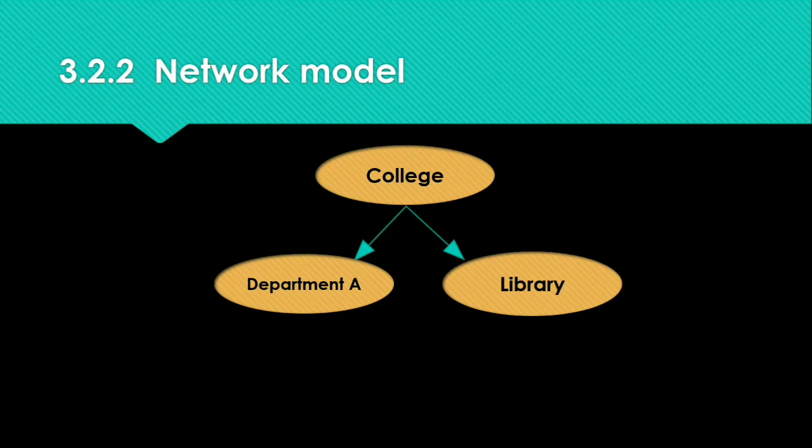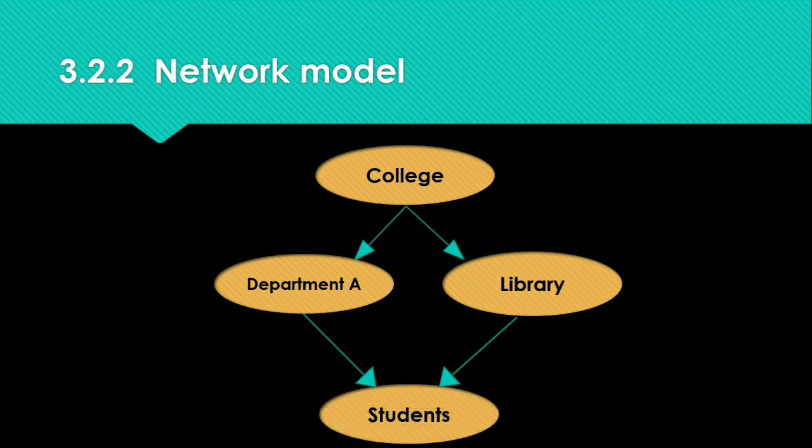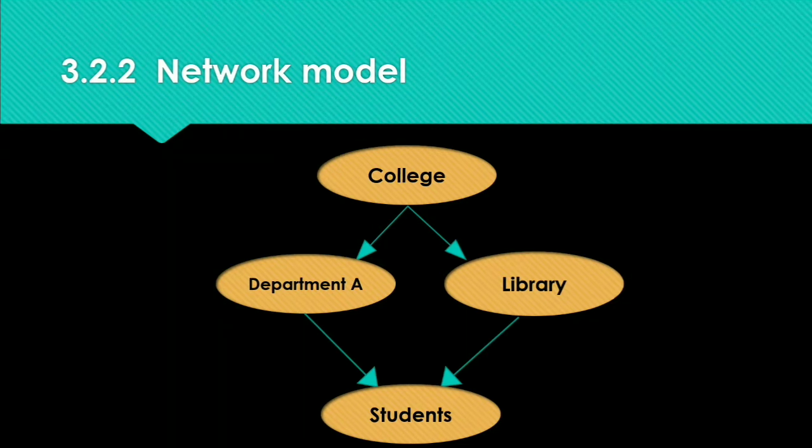The first one is department A and the second one is the library. Now this department or this college cannot work without students. So we have a common table for department A and library, that is students. Now let's talk about the relationship. In this model, college is the very first table to be created.